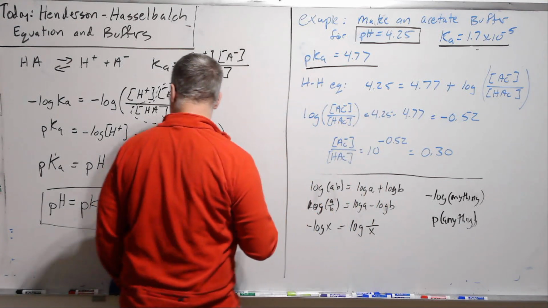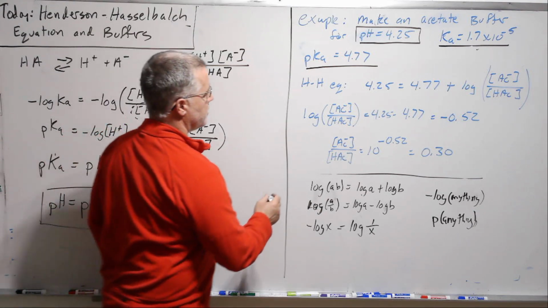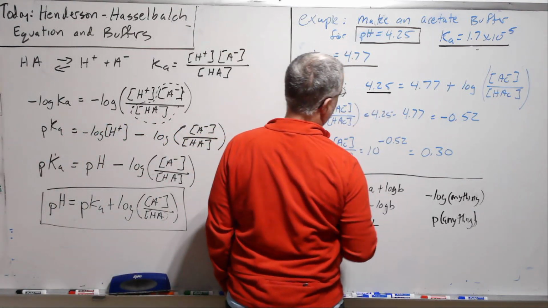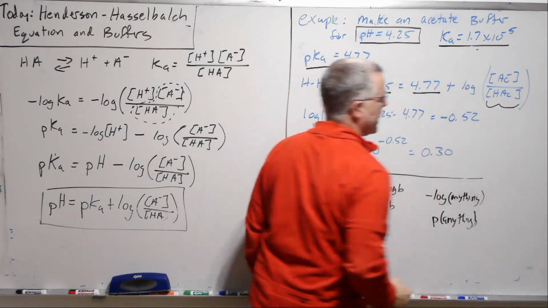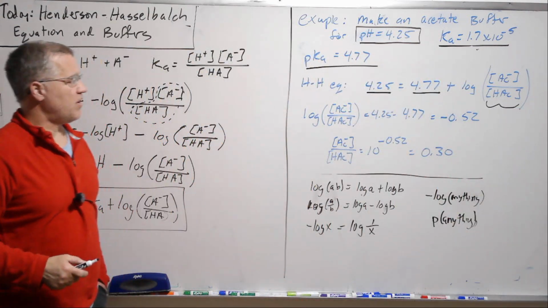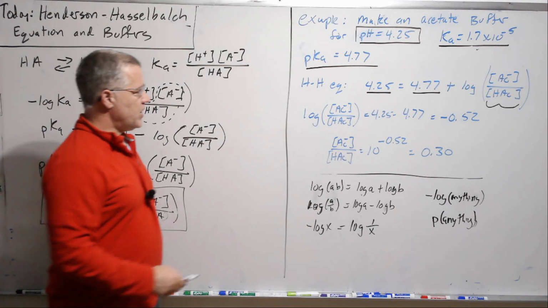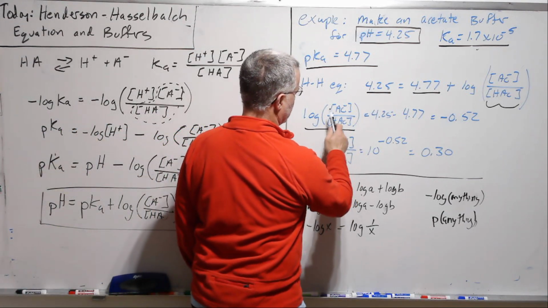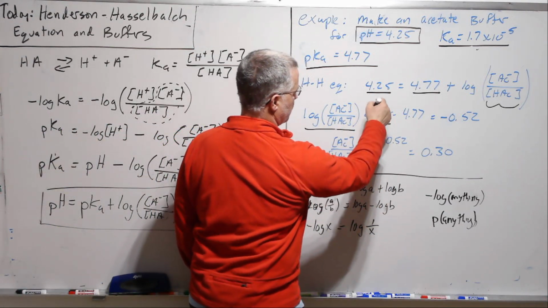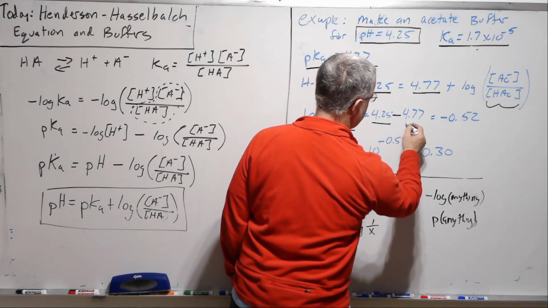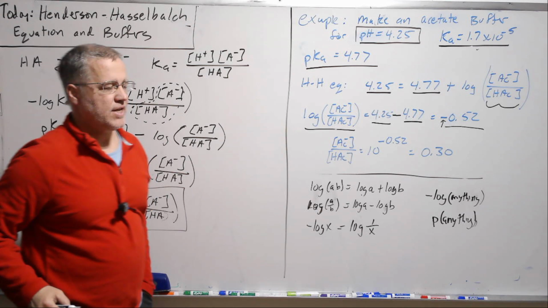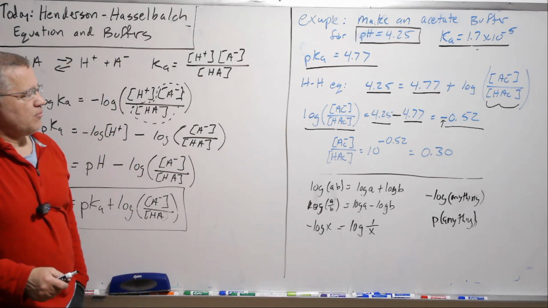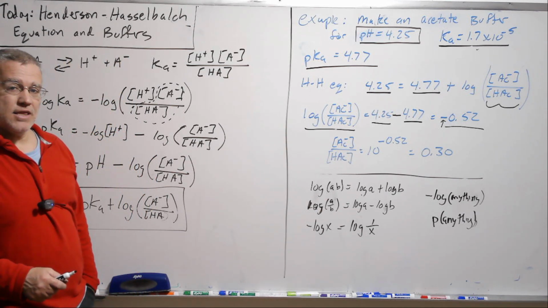Okay, so let's just take the Henderson-Hasselbalch and plug in our target. Here's our pKa. So what ratio do we need to make? That's what we're asking here. How do we make this buffer? So we rearrange this equation to solve for the log of this ratio. So we get 4.25 minus 4.77. This is important, a minus, so we've got to keep track of the sign there, minus 0.52. Let's unlog this thing.